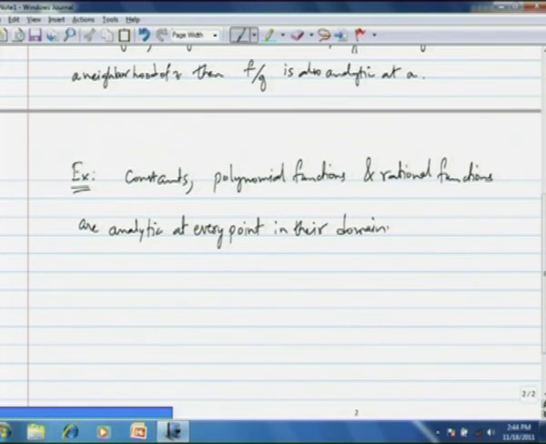So already we have a large class of functions which we know are analytic.